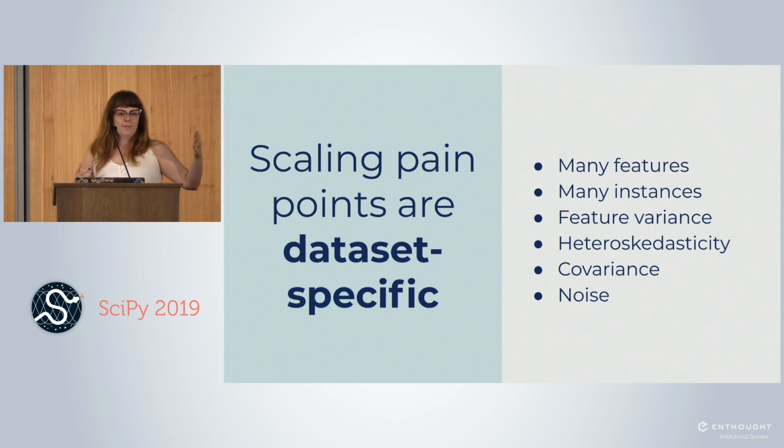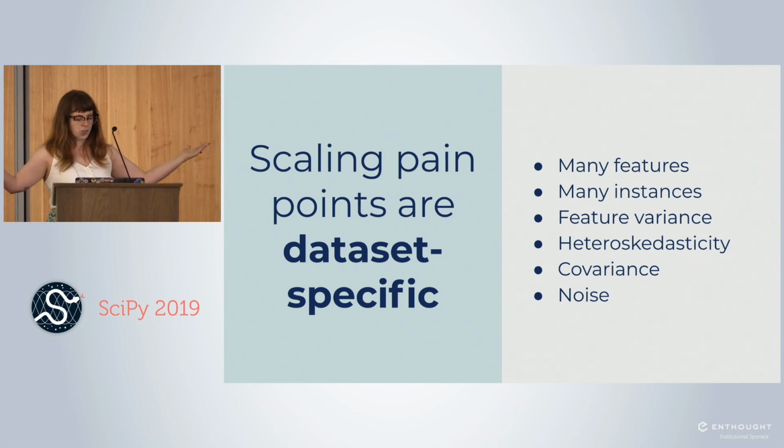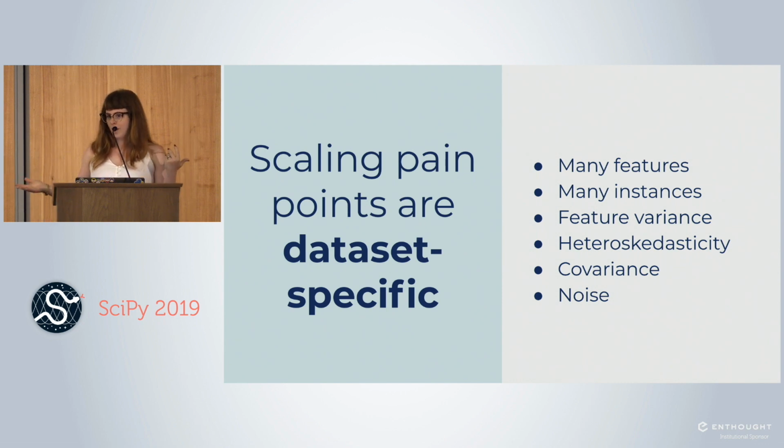So you can have a problem of many, many features. It can be big data in the sense of many instances. It can be big data in the sense of many dimensions. You can have features that vary differently, some that are categorical or continuous. You can have problems with heteroscedasticity, variance, noise, but variance and noise mean different things for different kinds of features, right?